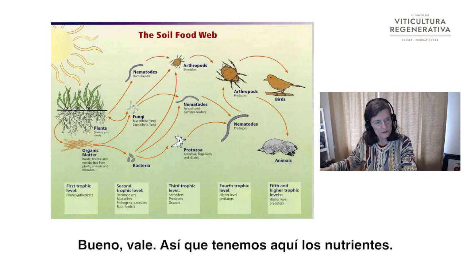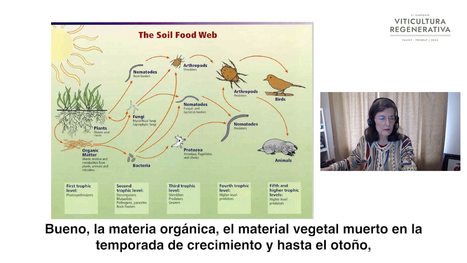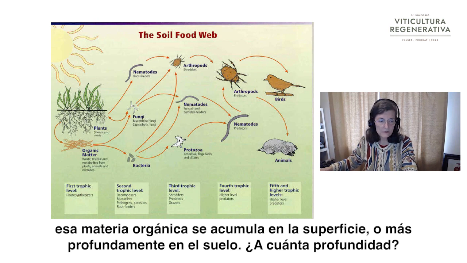Well, okay, so we've got the nutrients right here. How does your plant continue to increase the amount of nutrient that the plant requires in order to produce seeds, for example? So, the organic matter, the dead plant material through the growing season into the fall, that organic matter accumulates on the surface or down deeper in that soil.